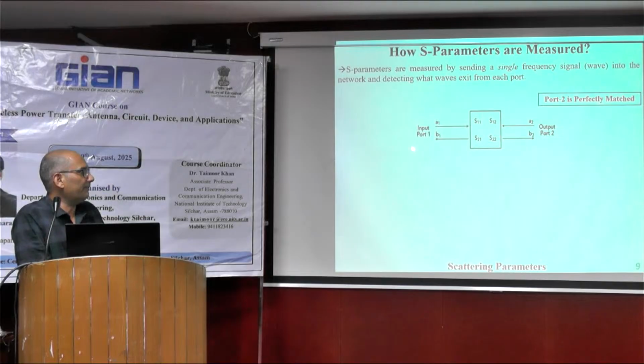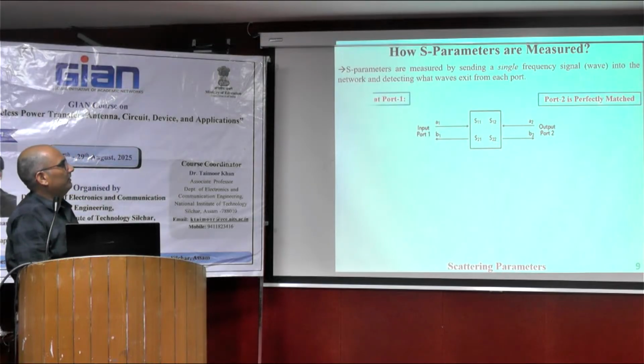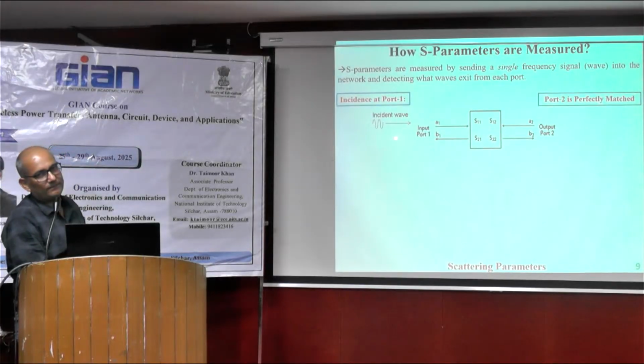And what is happening at the input side? When we make the output port perfectly matched, you need to apply some power at the input port. Then this is the incident wave at the input port. The output port is terminated, so there will be no reflection from the output port.